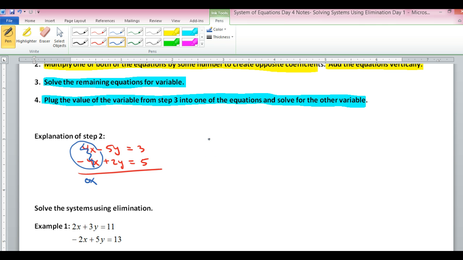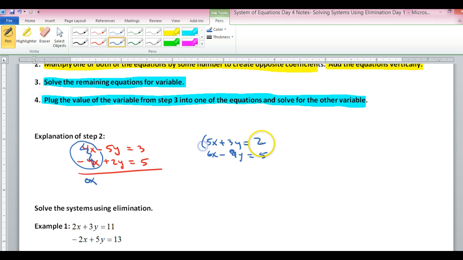So say I have 5x plus 3y equals 2, and then I have 6x minus 9y equals 5. Right now I don't see opposite coefficients here. These don't add up to 0, these don't add up to 0.